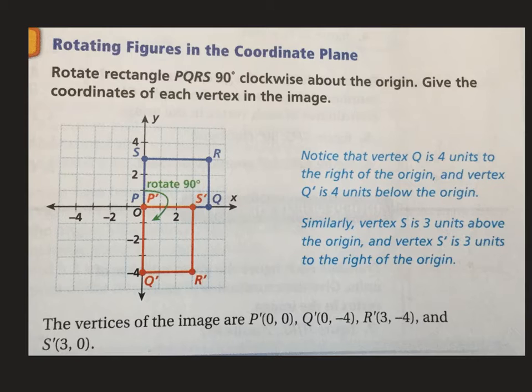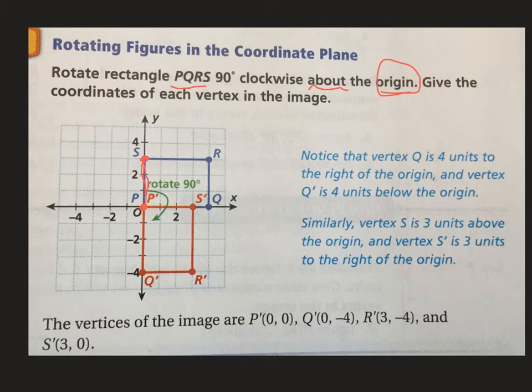But 90 degree: rotate rectangle PQRS 90 degrees clockwise about the origin, which means your origin is the point, the vertex you're going to be rotating around. Okay, so P and P prime are going to be in the same spot.